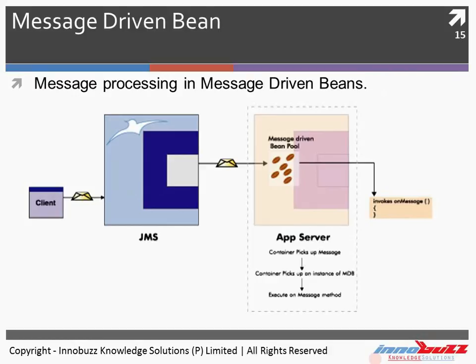There is an onMessage method which will be used to execute on these messages, and finally it will be invoked through onMessage. So the message-driven bean will fit inside the application server, which we call J2EE applications, which run on application servers and are handled by containers within the servers.